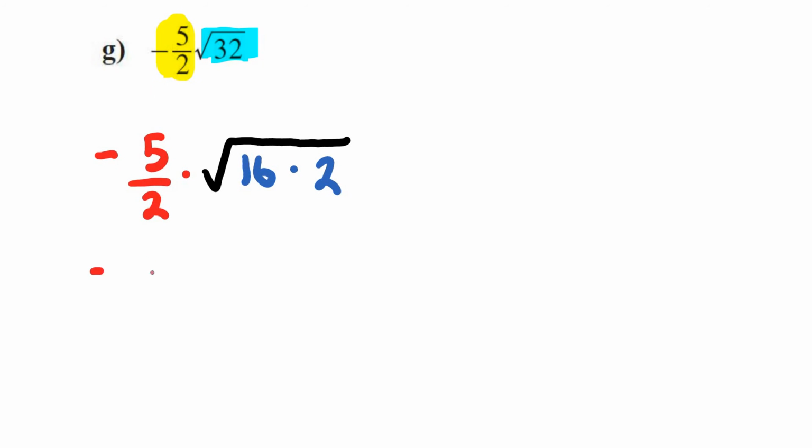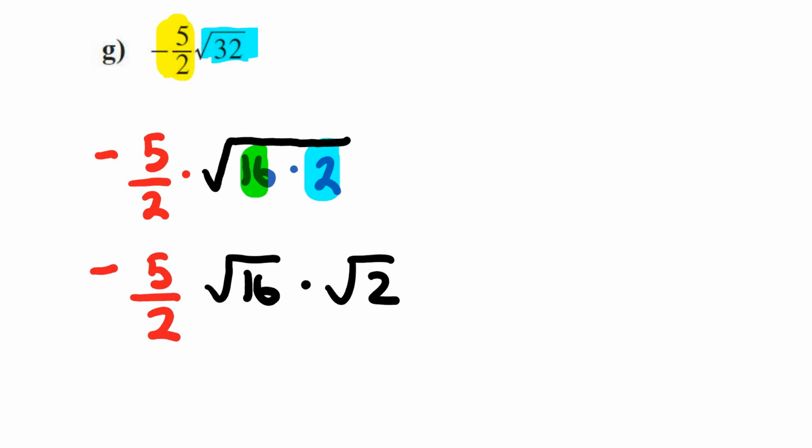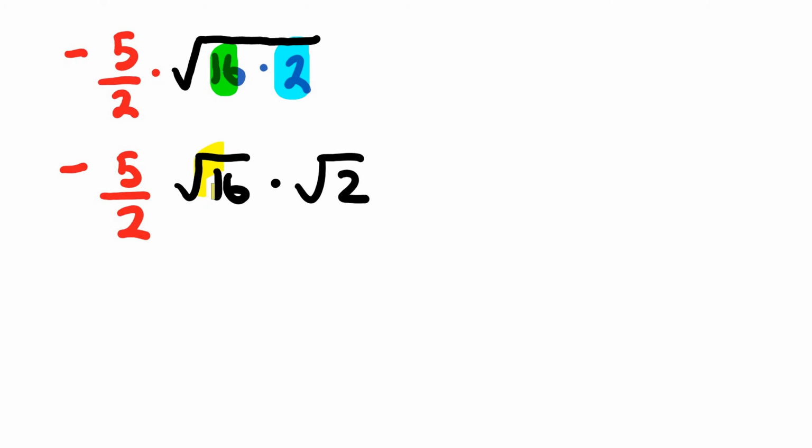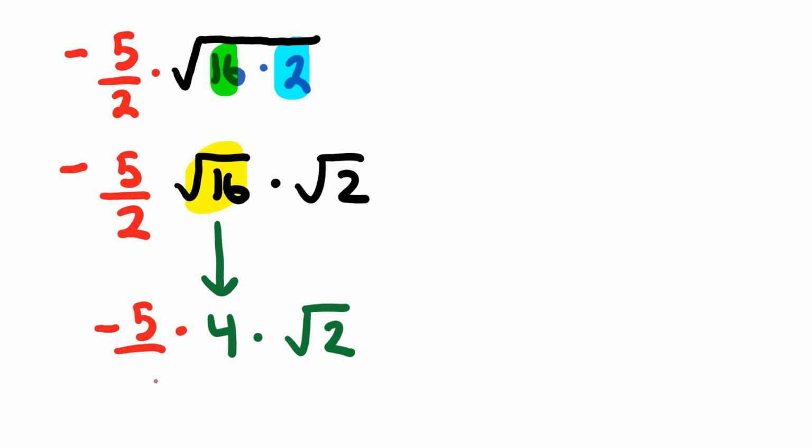Okay, and then the next step would be negative 5 over 2, and then I can split this up into 2 individual radicals. So this will be root 16 times root 2, and there you go. Here's my perfect square root there. So the square root of 16 is going to be 4 times root 2, and I also have this negative 5 over 2.